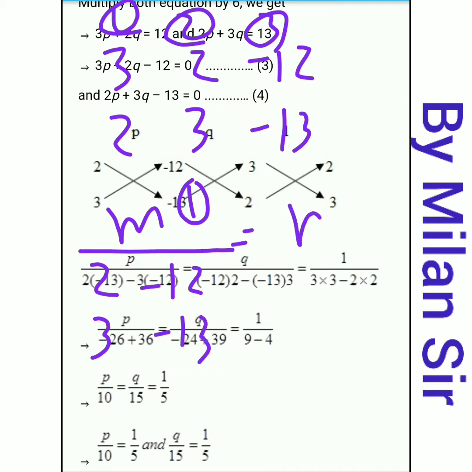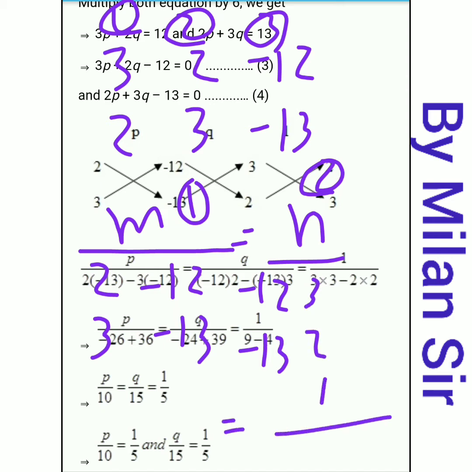Then for n, our second term, we skip the second column and write down the third and first columns: minus 12 minus 13, 3 2. At last, 1 upon, we skip the third column and write the first and second columns: 3 2 and 2 3.